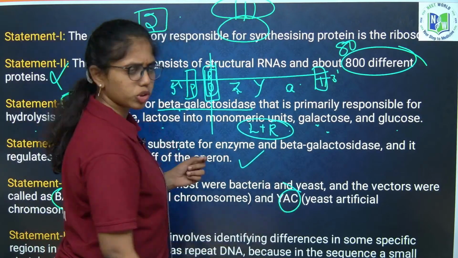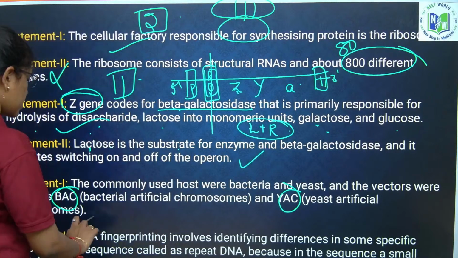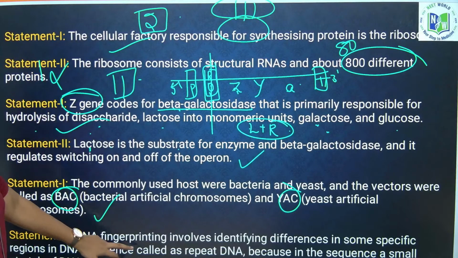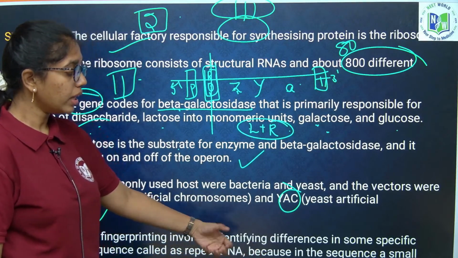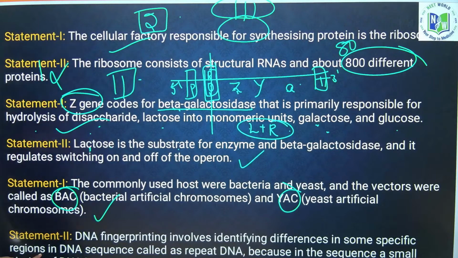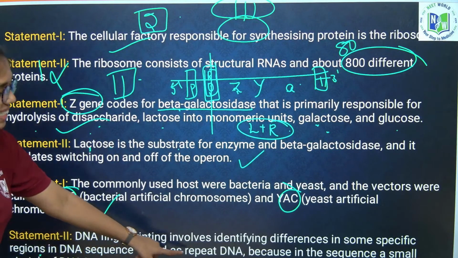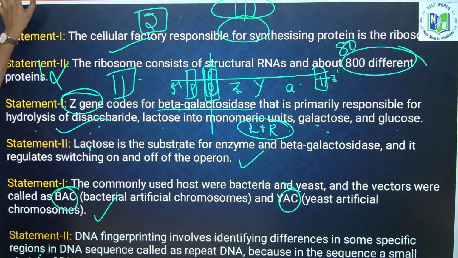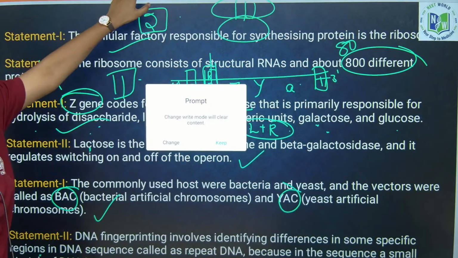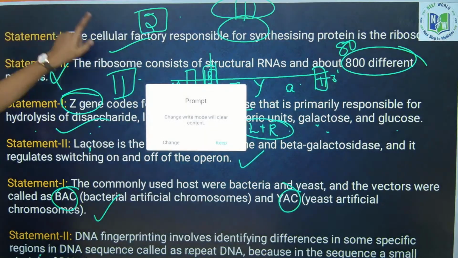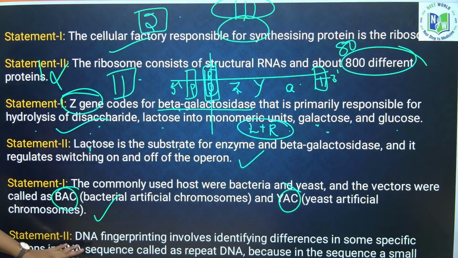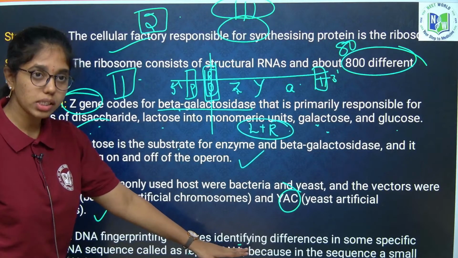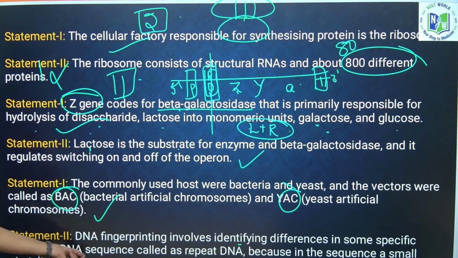yeast artificial chromosome. Of course, they are the most commonly used vectors. Yes. In statement 2 he is saying that DNA fingerprinting involves identifying differences in specific regions of the DNA sequence called repetitive DNA.